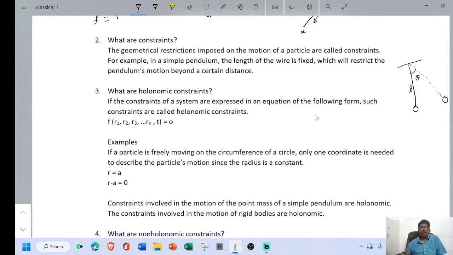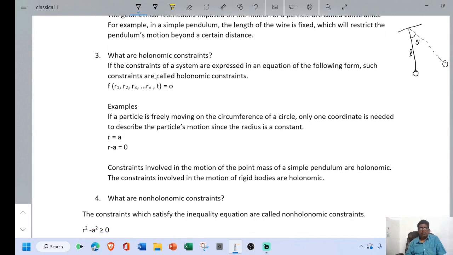If the constraints of a system are expressed in an equation of the following form, that is f of r1, r2, r3, rn, t equal to 0, such constraints are called holonomic constraints. Here r1, r2, r3 are position coordinates. The constraints imposed on a system are expressed in an equation of this form. Such constraints are called holonomic constraints.